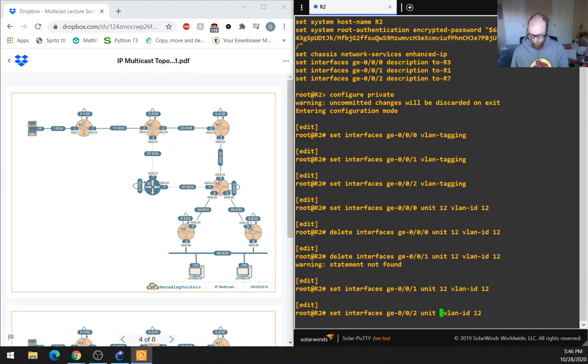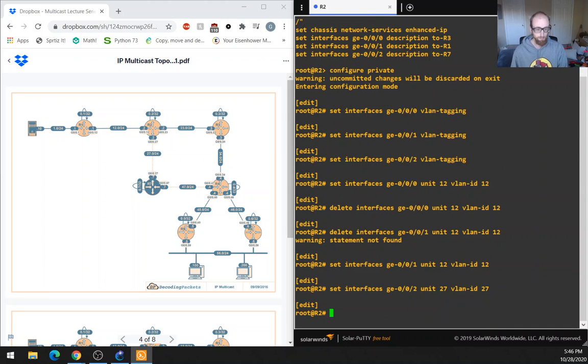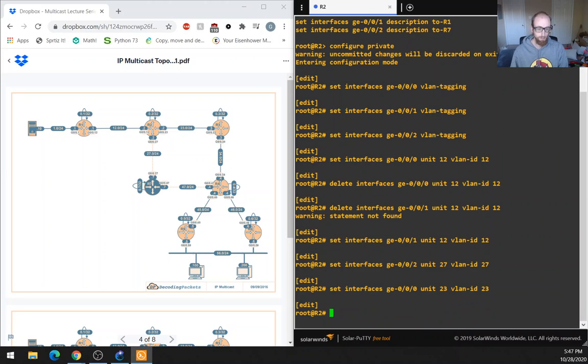Going to be 27, VLAN 27. Okay, and then the port facing R3, which is router 0. It's going to be 2, 3. Okay, and then of course the loopback address. And we'll put an IP address on that. Doesn't need any VLANs or anything, so we can get started with the IP addressing now.